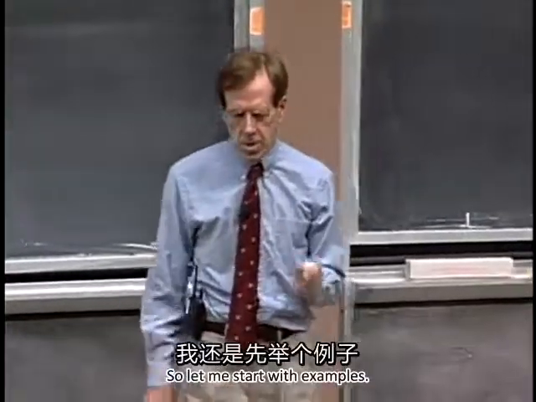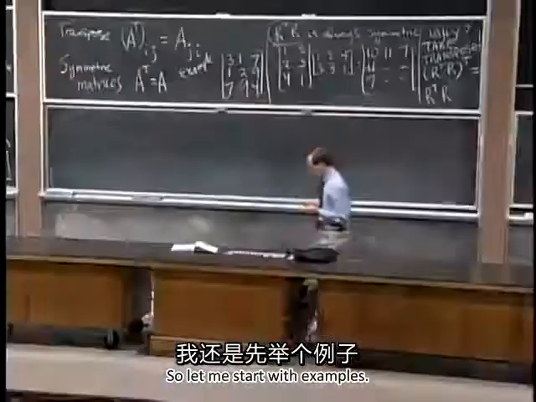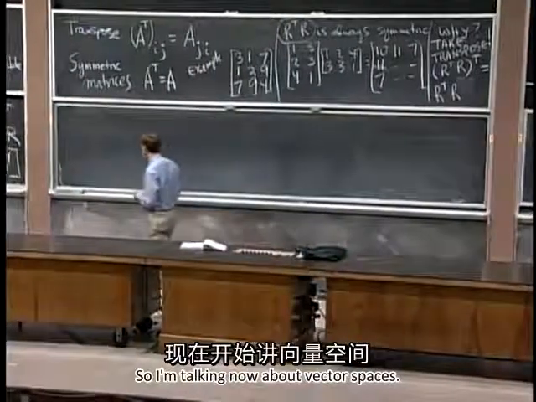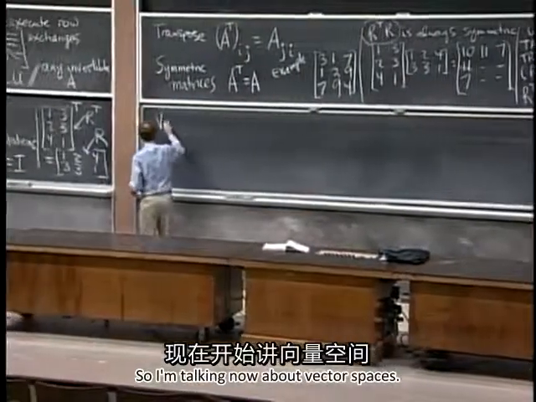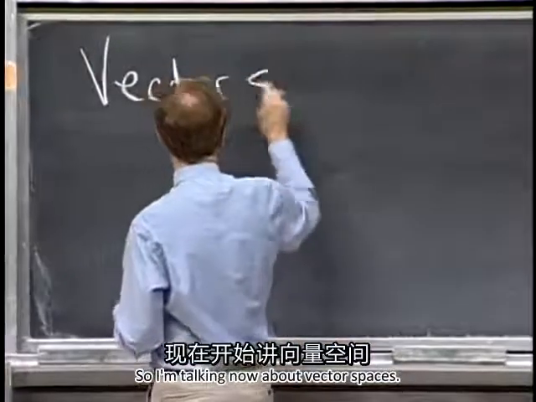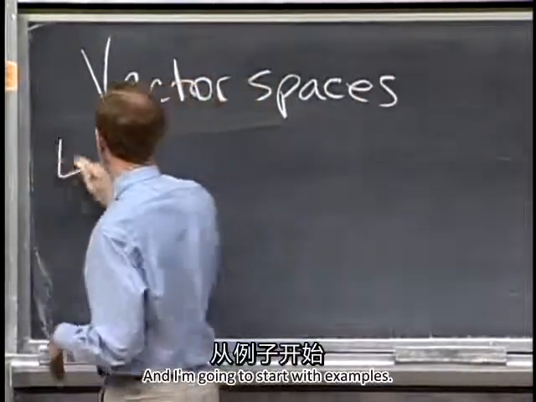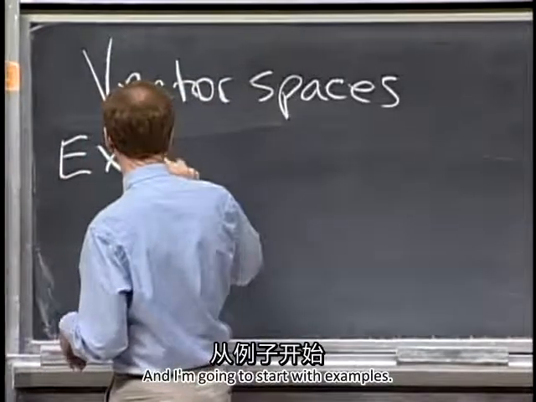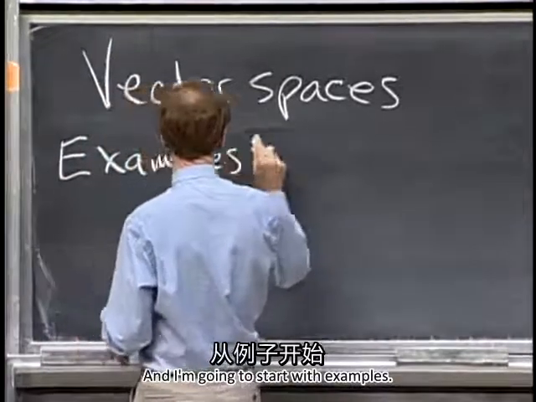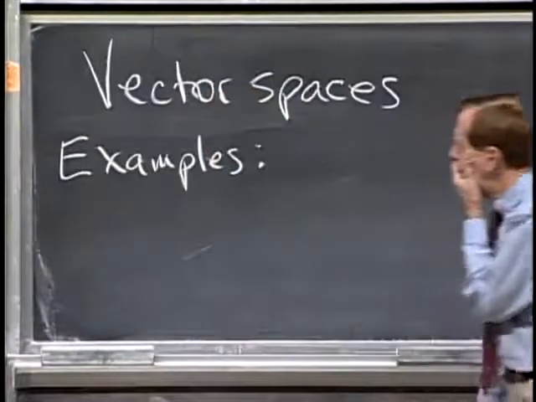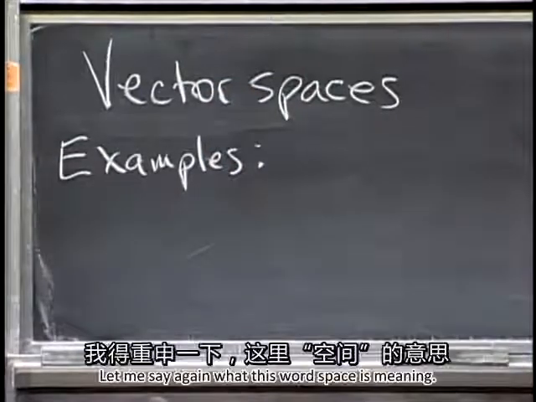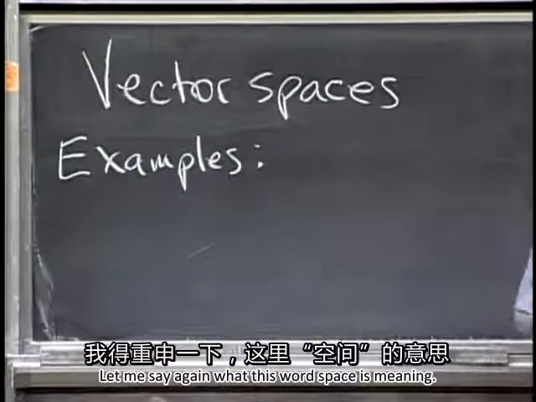Okay, so let me start with examples. So I'm talking now about vector spaces, and I'm going to start with examples. Let me say again what this word space is meaning.